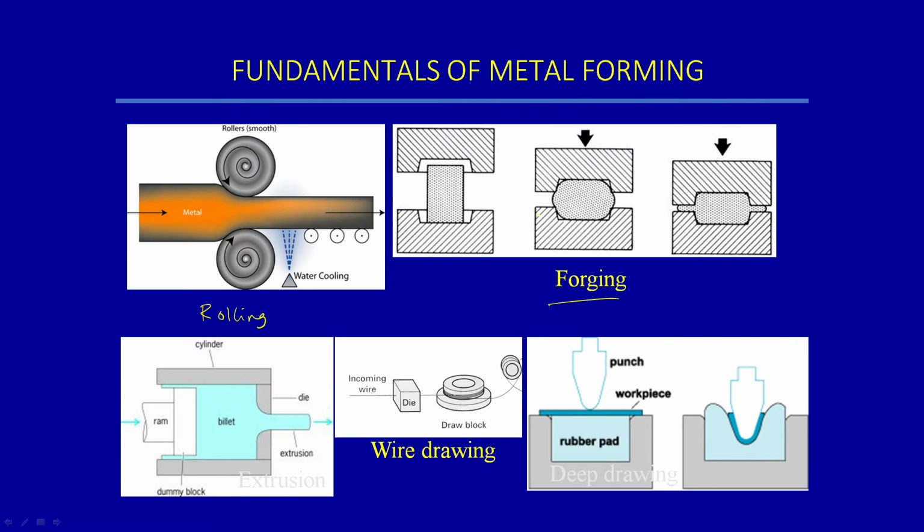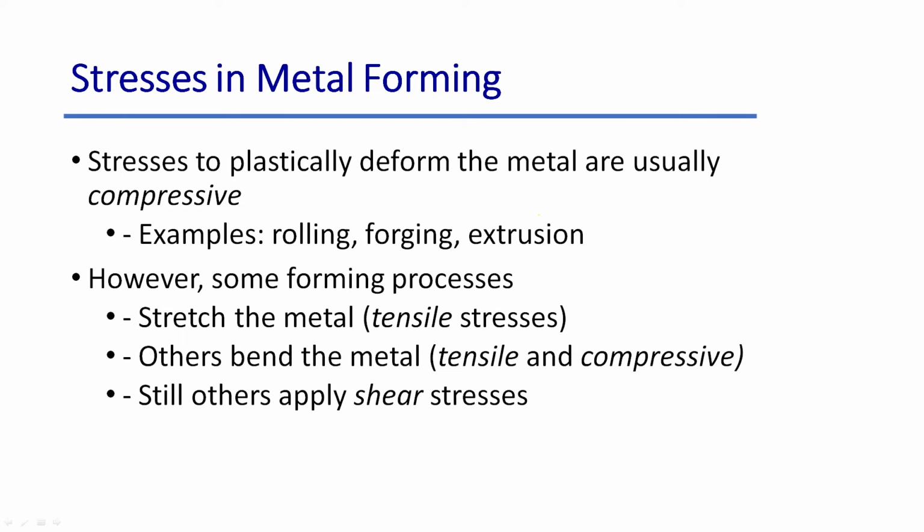And finally, we talked about solidification and deformation processing, and in deformation processing, an important aspect is the stress needed to plastically deform a material, which must be either compressive, tensile or shear. But normally the majority of processes use compressive loading, because compressive loading allows the material to deform without any failure.